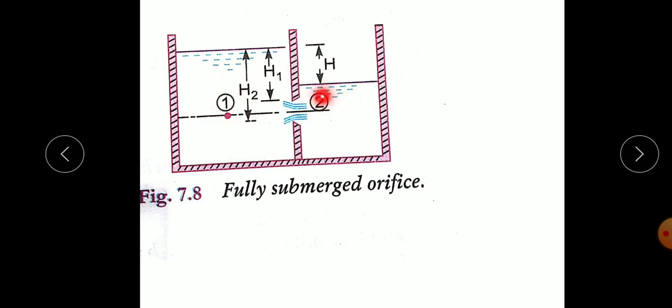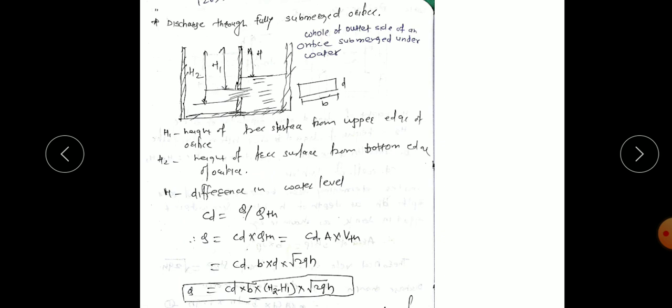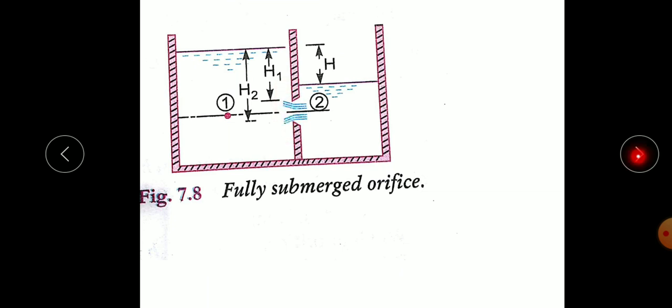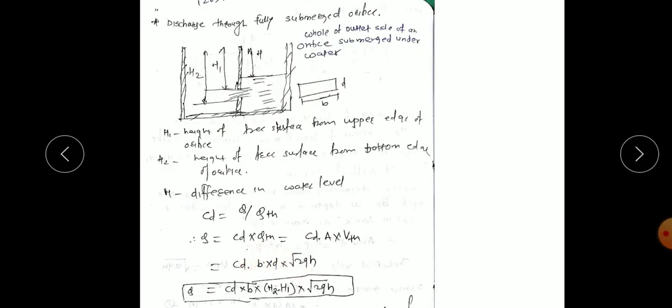Again using Bernoulli's equation, we have already found the velocity is under root of 2gh. The area of this rectangular orifice is b into d, where d is taken as h2 minus h1.